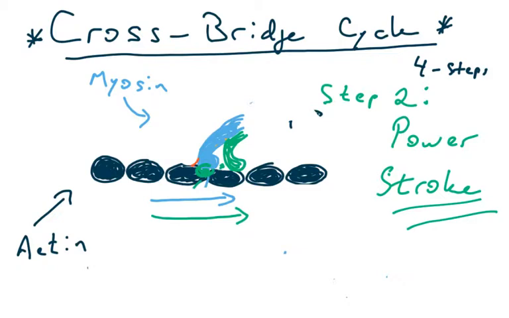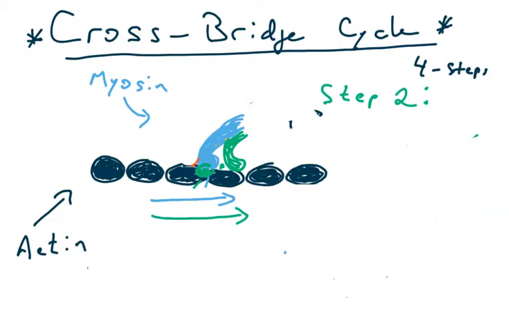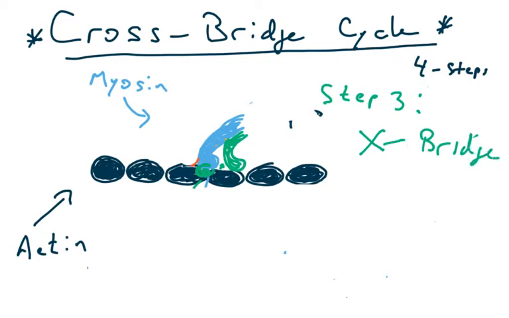Now, this moves us into the third step. Clean this up. Get rid of this. Step 3, which is what we call the cross-bridge detachment.